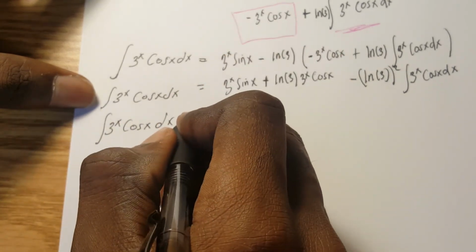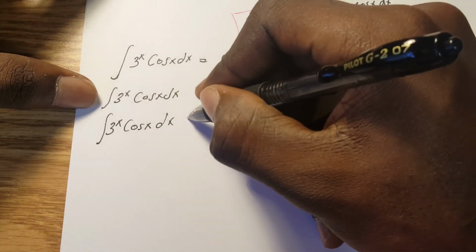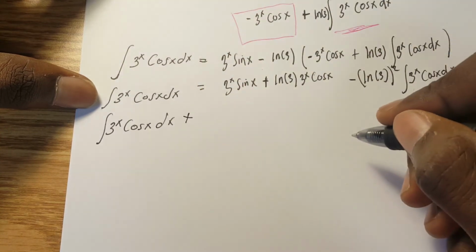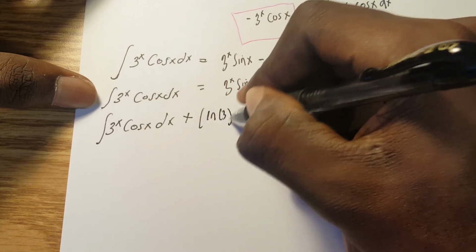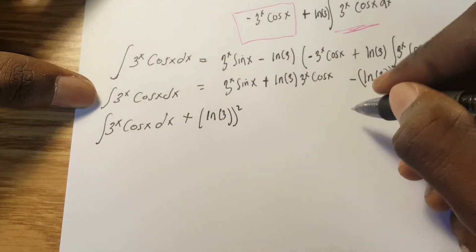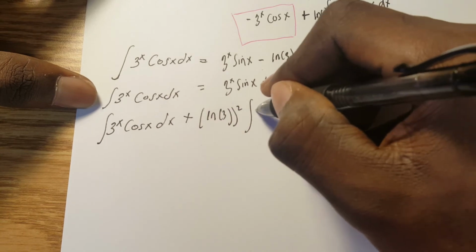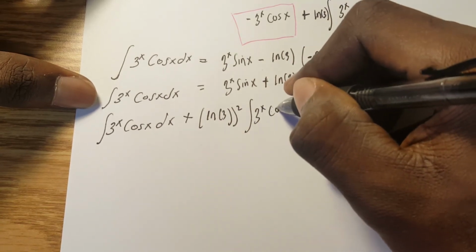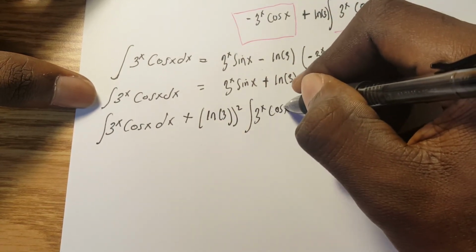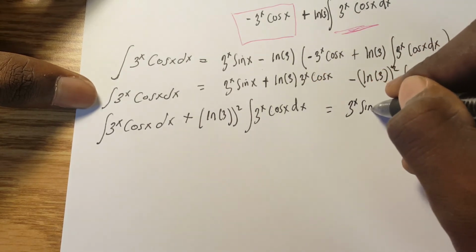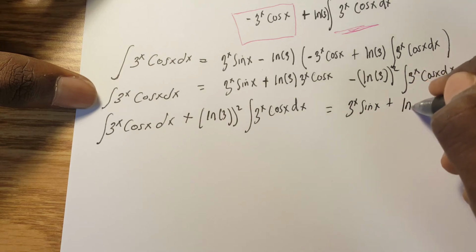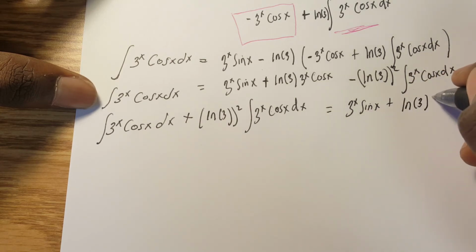Then we bring that guy, which will give us positive, that is plus natural log of 3 all squared, just being multiplied by 3^x cosine of x dx, and to be equal to 3^x sine of x plus natural log of 3 multiplied by 3^x cosine of x.